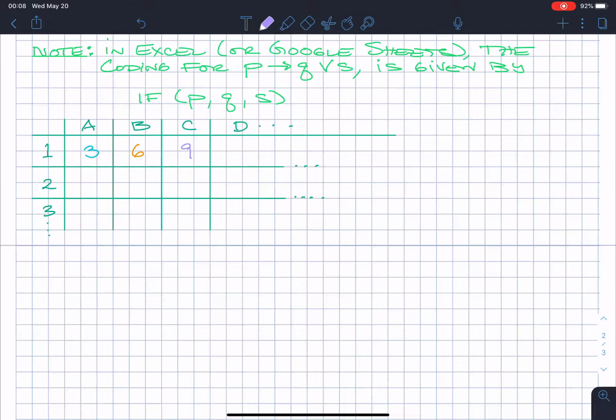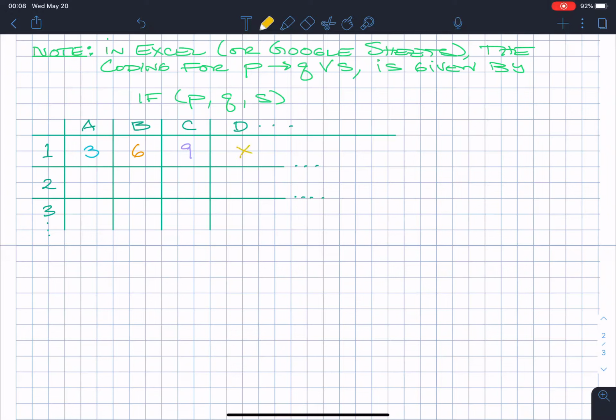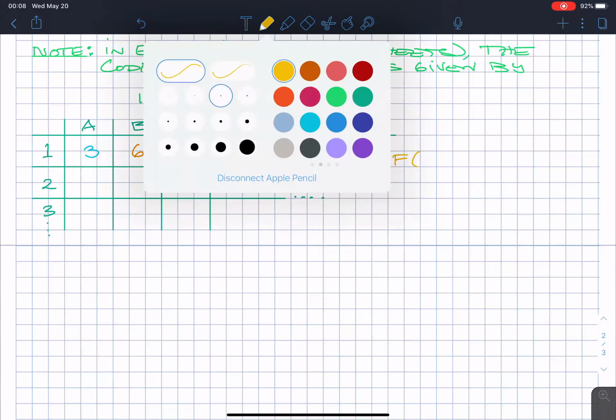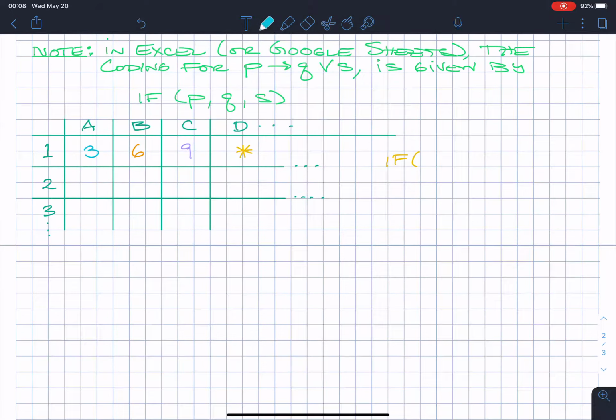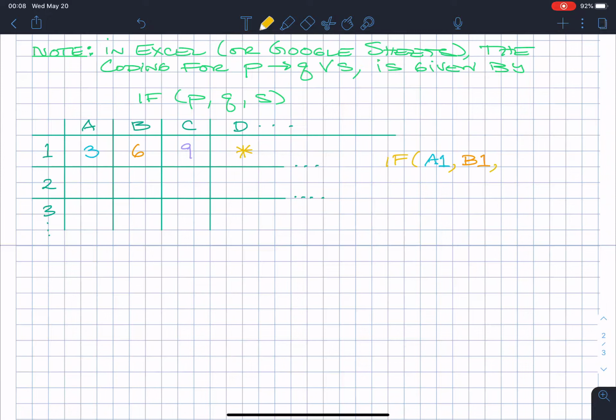9. So what you're going to do in this entry right here, you would enter the code IF, then parentheses, and then you'd have something about cell A1. If A1 does something, comma, then maybe you'll do something to cell B1. Else, you'll do something to cell C1.